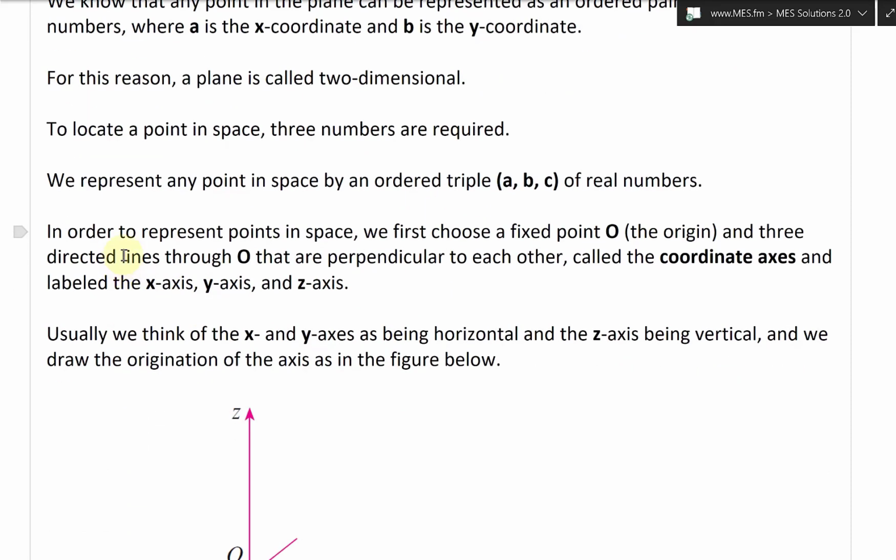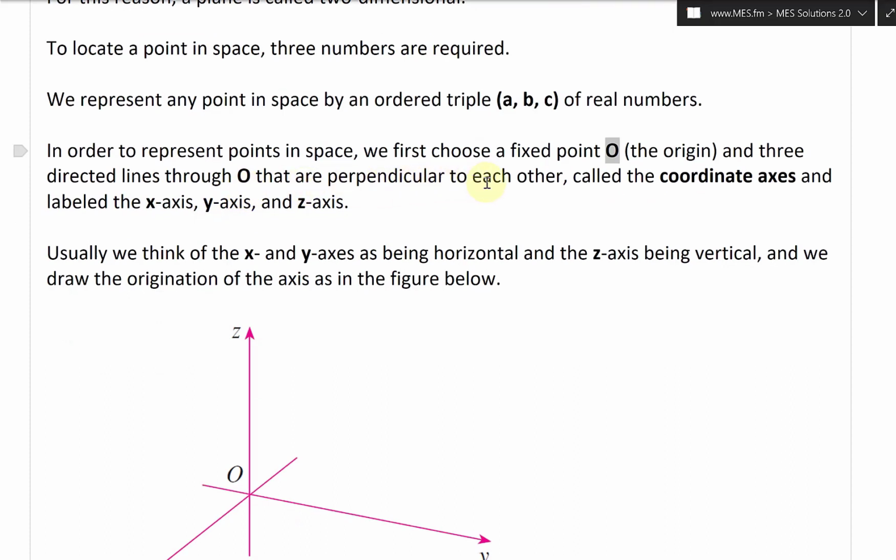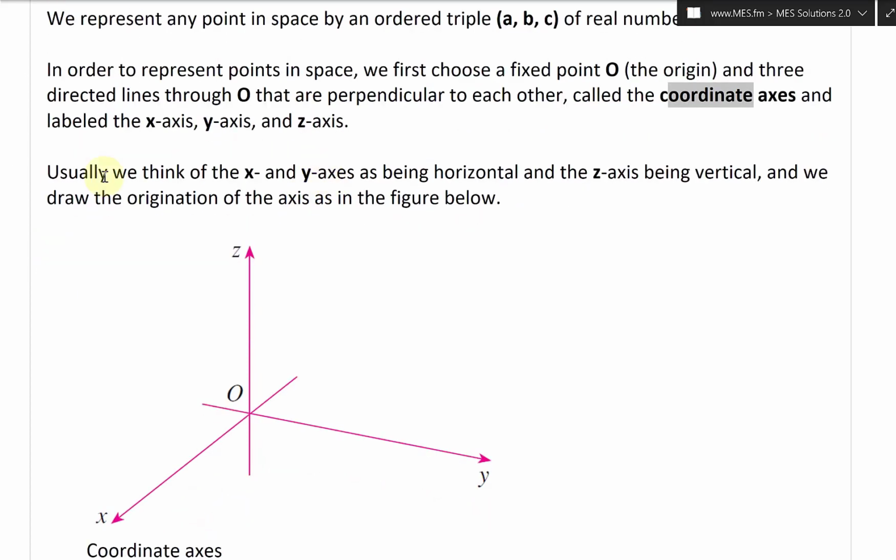real numbers. In order to represent points in space, we first choose a fixed point, call this O, the origin, and three directed lines through O that are perpendicular to each other, called the coordinate axes, and labeled the x-axis, y-axis, and z-axis.